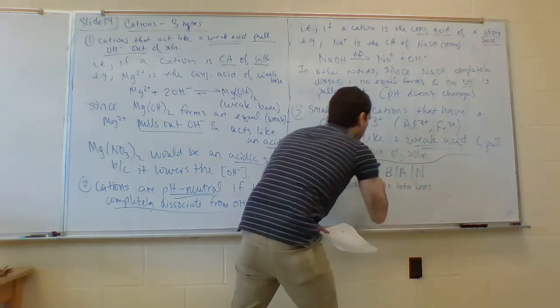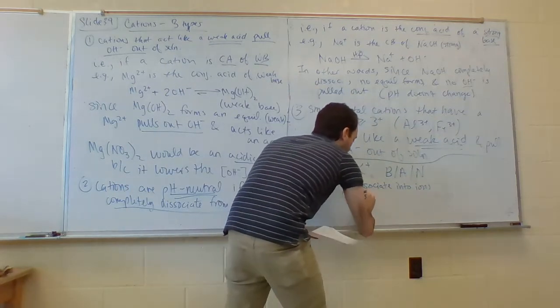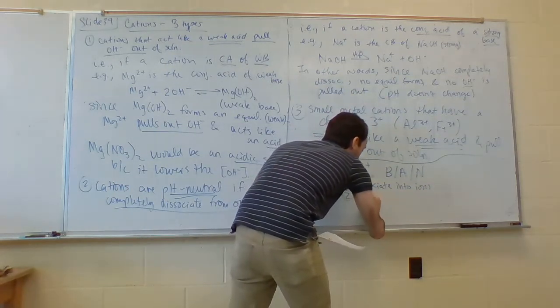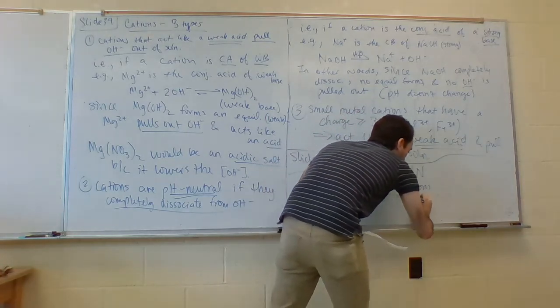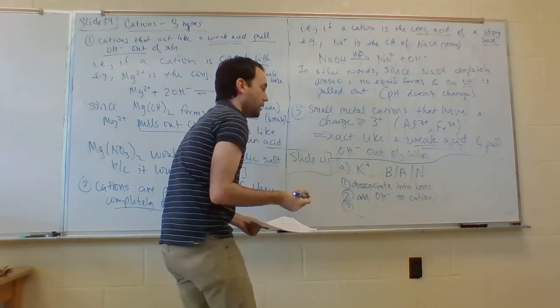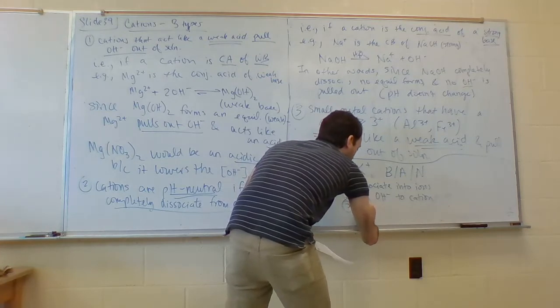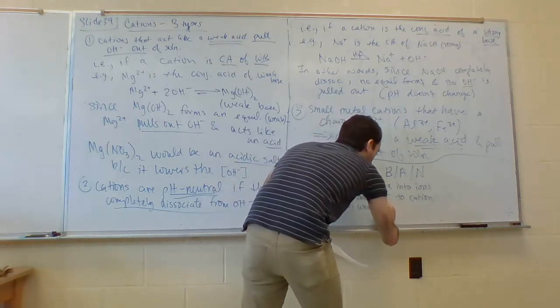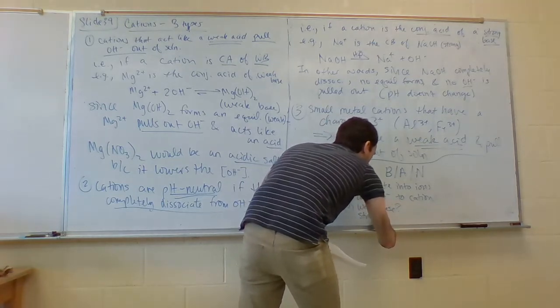All right, well, I've already got the ion that I have, okay? Then you're going to take that ion and add OH minus to your cation, okay? And then your third step is going to be to say, okay, is it a weak base or a strong base?